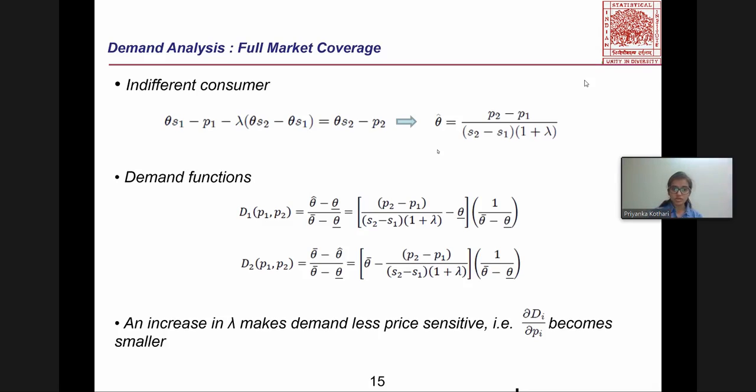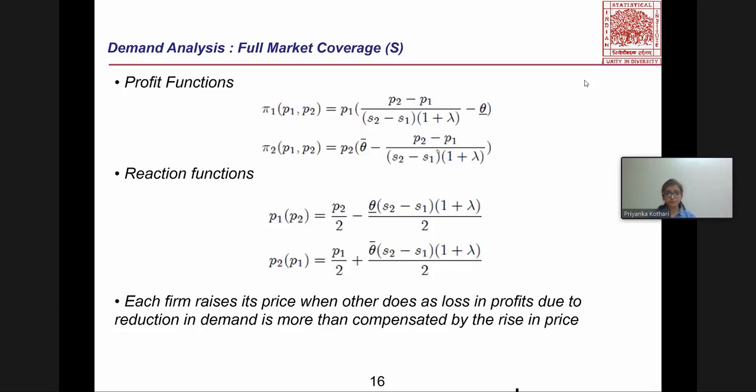This is the demand for both firms. As we can see, an increase in the reference dependence parameter lambda makes the demand less price sensitive. This is important because it will drive our results, and that will become clear in the next slide.